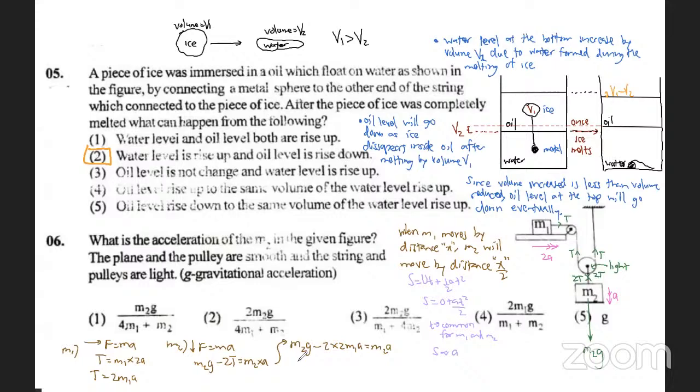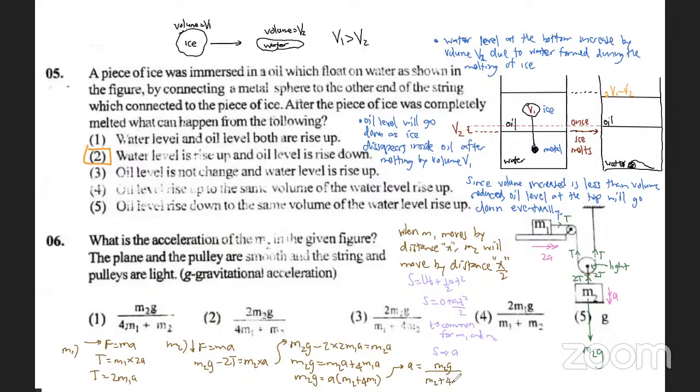We are supposed to find A, therefore M2G is going to be equal to M2A plus 4M1A. Then M2G is equal to A times M2 plus 4M1 in brackets, and the final answer is A equals M2G over M2 plus 4M1.